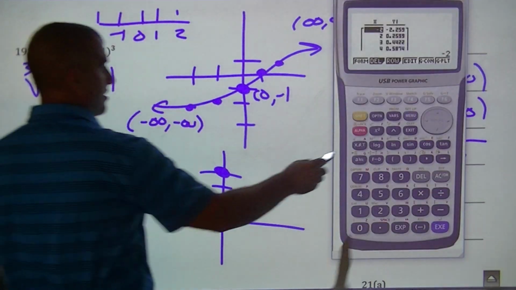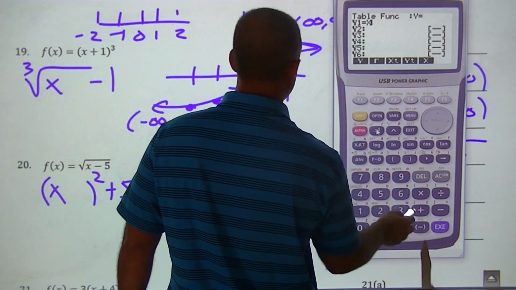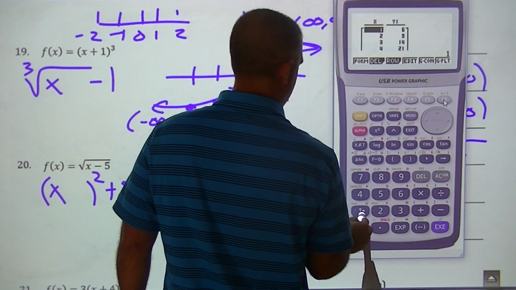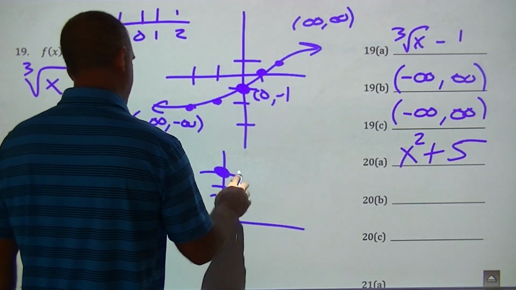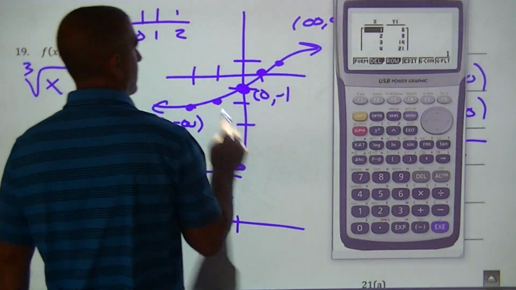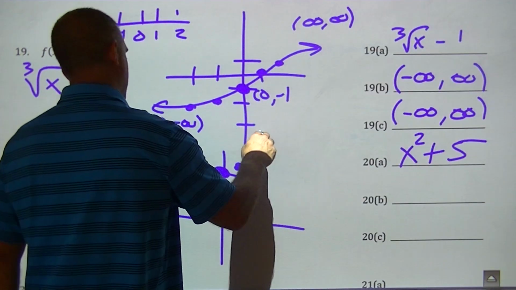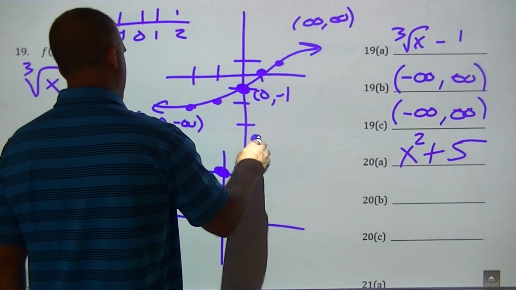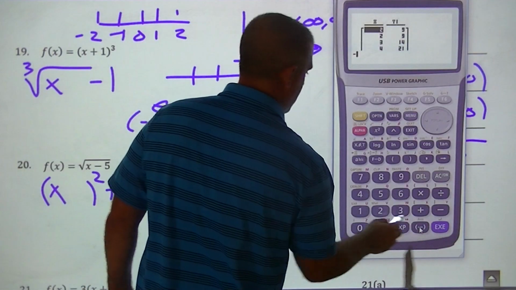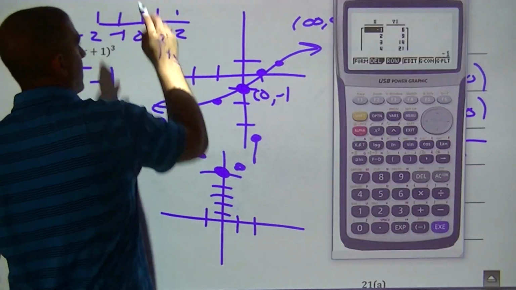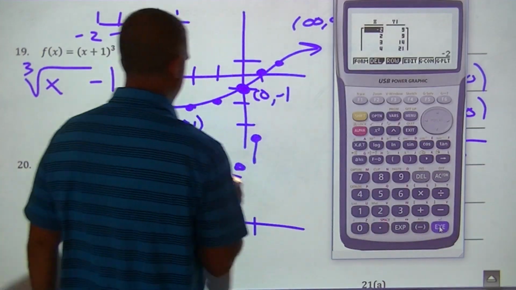I go to the table. I'm going to graph 1, which is up at 6. I graph 2, which is at the 9. I didn't leave myself a whole lot of room, so I'm just going to estimate that to be somewhere up here. Then I'm going to go negative 1, up at 6, and negative 2, up at 9.